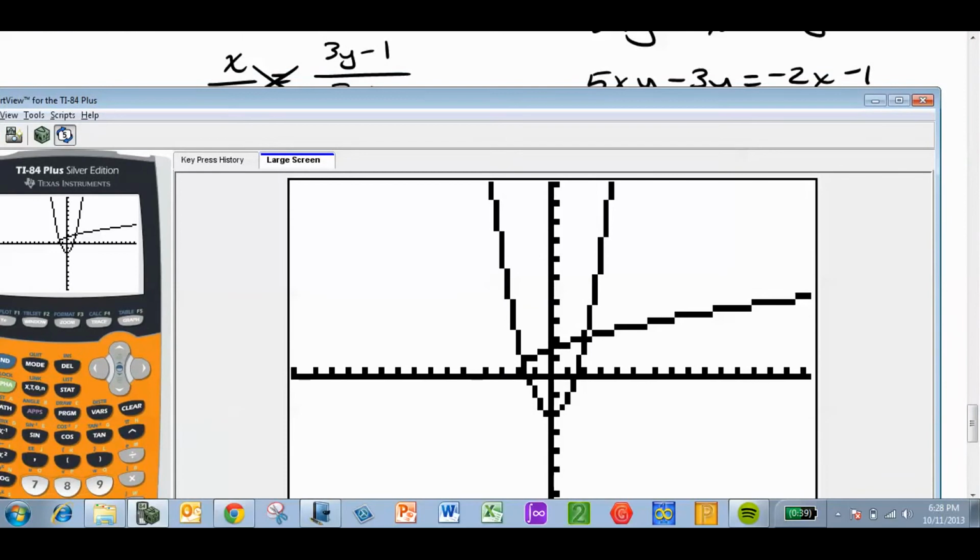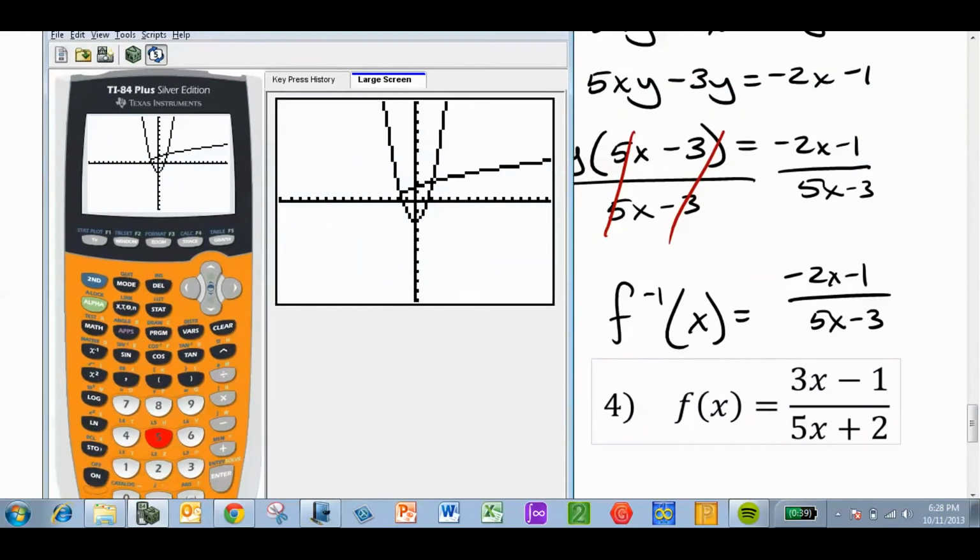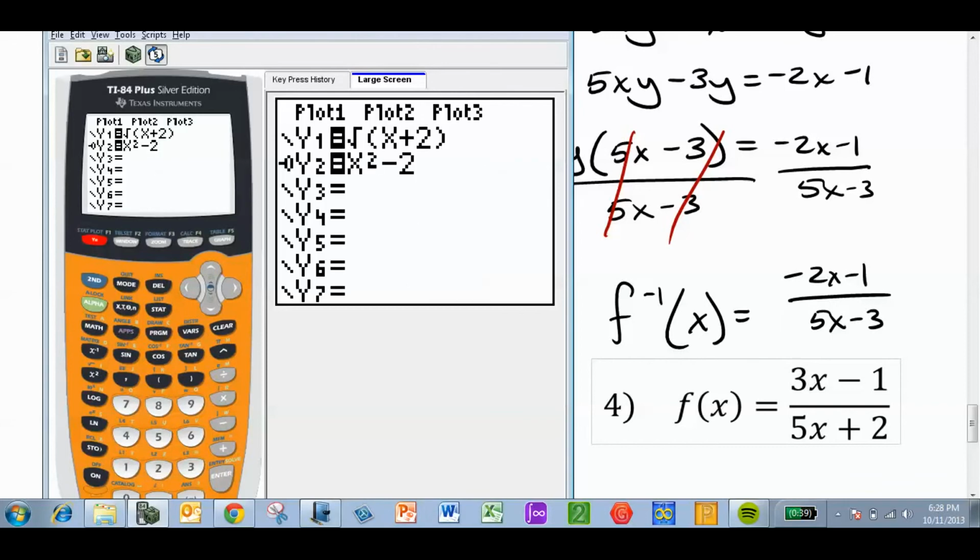And I have to make this a little bit smaller. Here we go. Alright, so I'm going to go into my graphing calculator and I'm going to clear out the old stuff. So I'm going to put, let's see, 3x minus 1 divided by, notice I'm using my parentheses here for my binomials. So there's y sub 1.